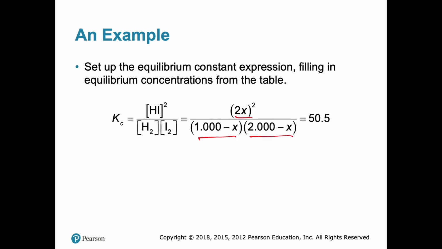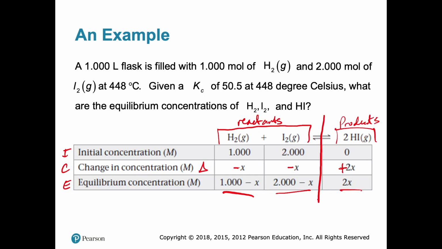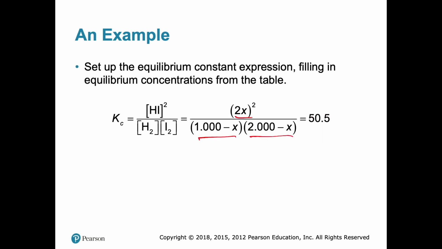We were given in the problem that K, the equilibrium constant, is 50.5, and that's why we set it equal to 50.5 here. So now what we have to do is solve for all these X's.